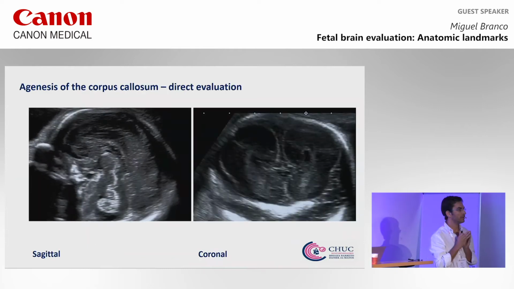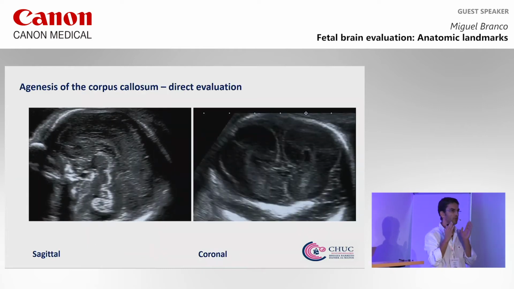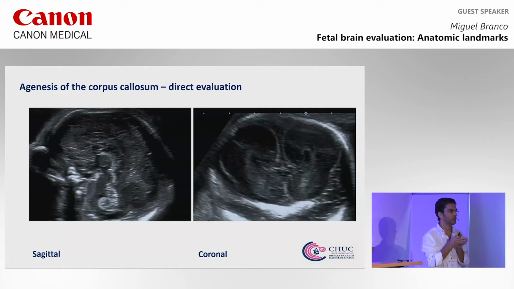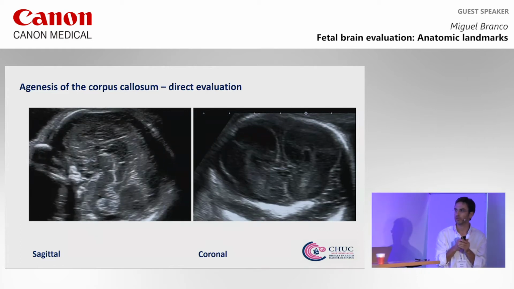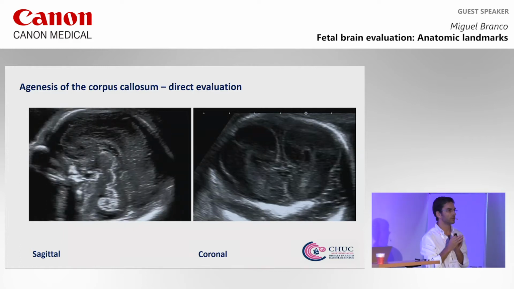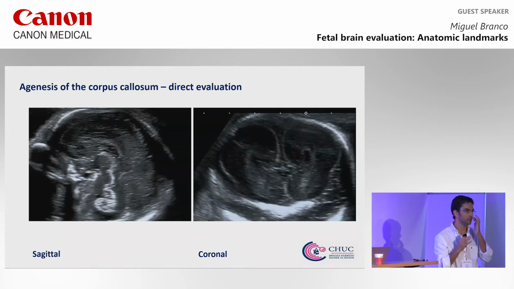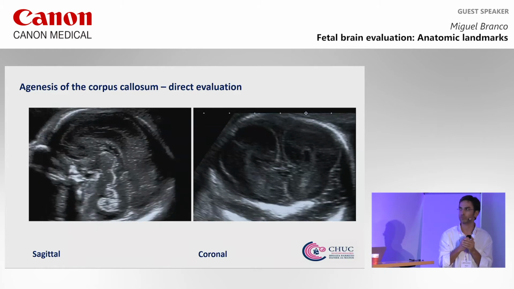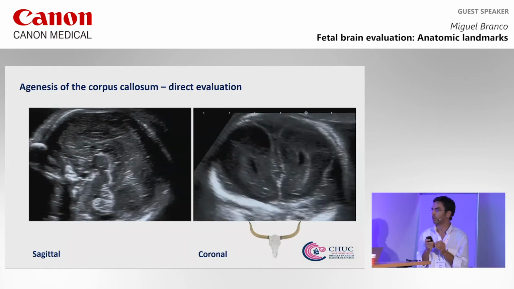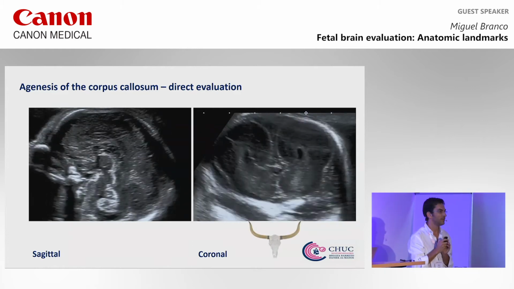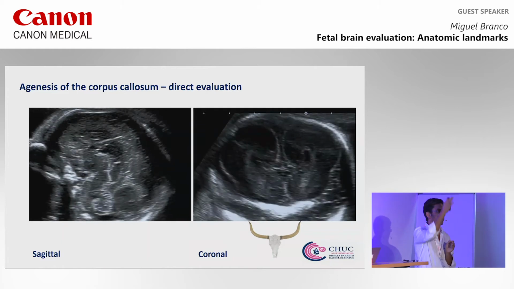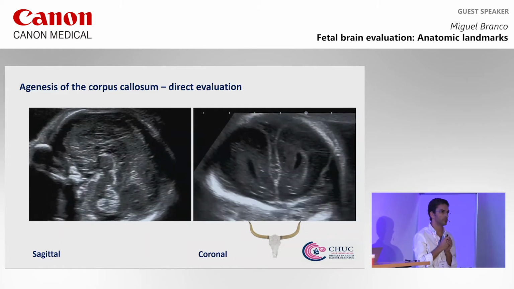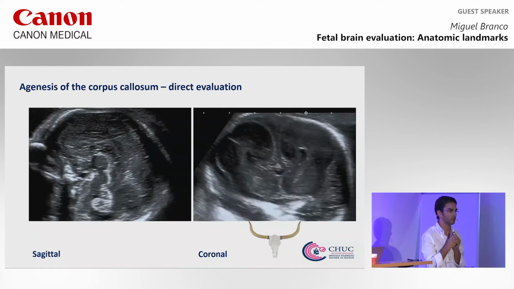However, the diagnosis relies on the identification of its absence on sagittal and coronal planes. On sagittal planes, we are not able to identify the cavum nor the corpus callosum. And in coronal planes, we can see that the interhemispheric fissure runs down to the third ventricle without any kind of interruption.